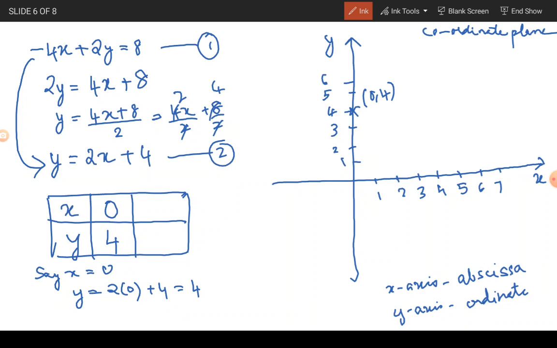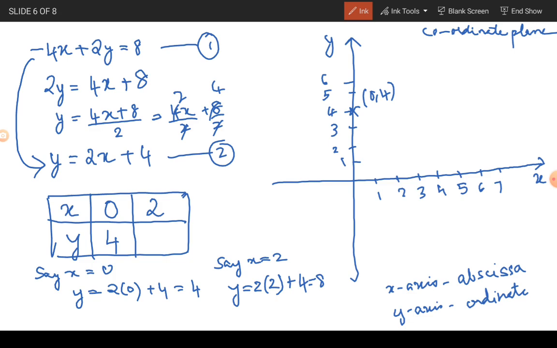Now let me assume any other value for x. Say x equals 2. So when I assume x equals 2, y will be, substitute the value 2 in equation number 2. So 2 times 2 plus 4. So that's 4 plus 4, which is equal to 8.